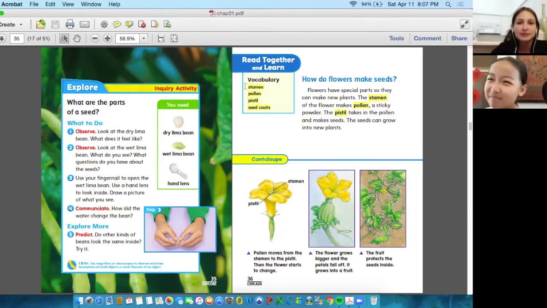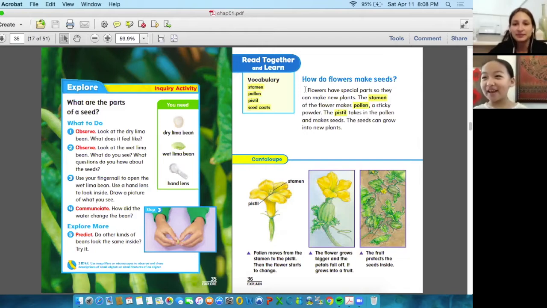Stamen, pollen, pistil, seed coat. Very good. Seed coat? It looks like it. We're going to see what they are, okay? All right. It says, how do flowers make seeds? Okay, are you ready? Yes. Go ahead.